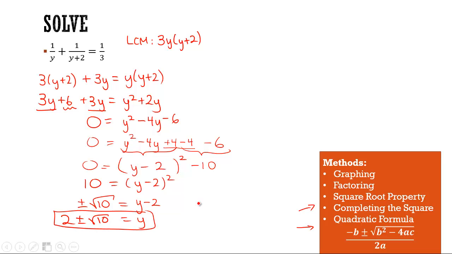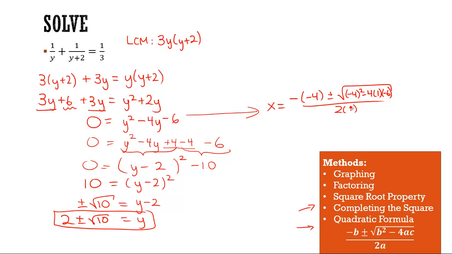Awesome. Now let's just take a step and say, what if we use the quadratic formula? Well, then we'd have x equals negative b plus or minus the square root of b squared minus 4ac, over 2a.